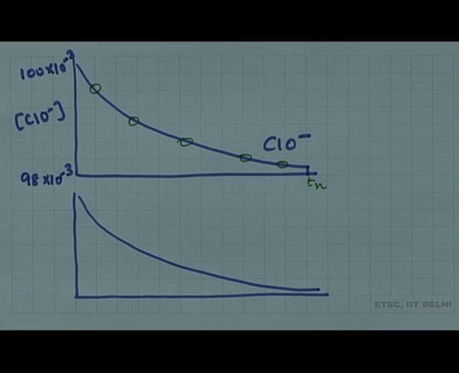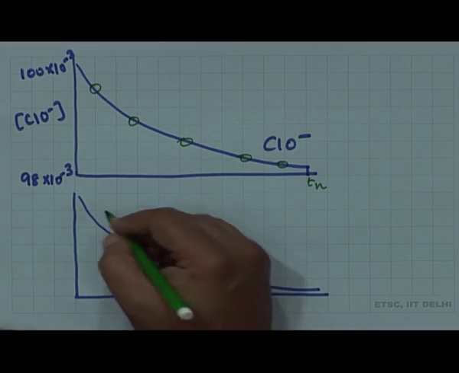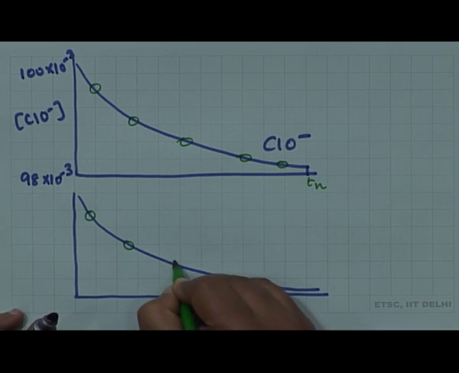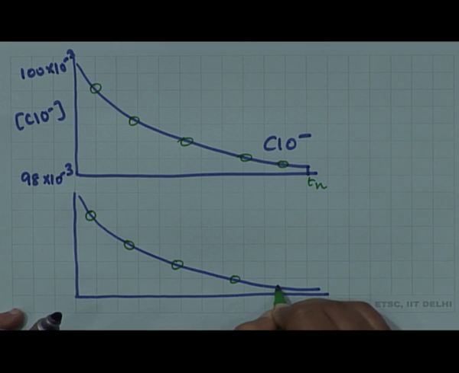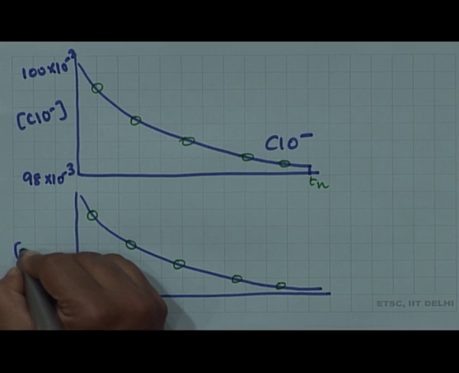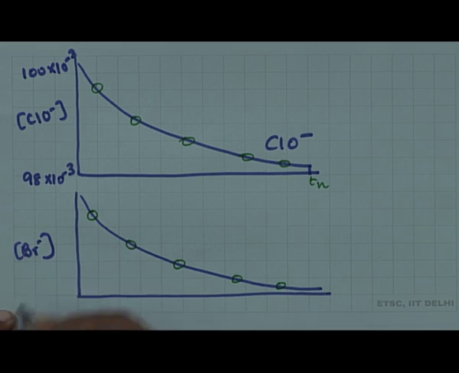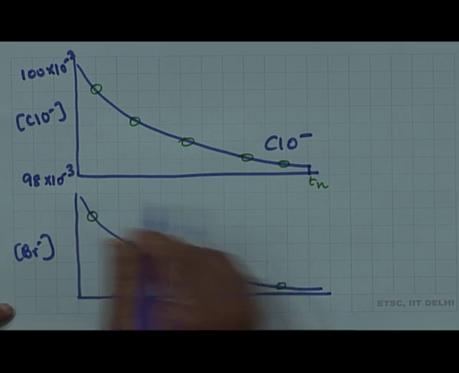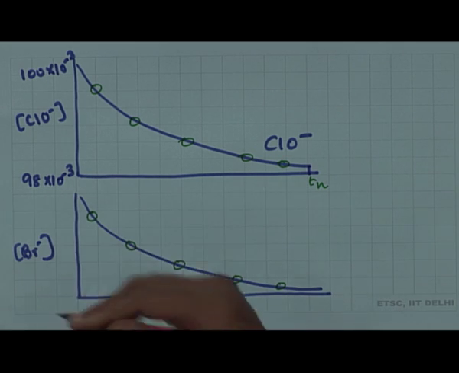Okay. Again, what we have done is we will be taking the same experimental points. On the y axis what we have is the concentration of bromide in moles per liter, remember. Now here what I do is I will put in the concentration values.